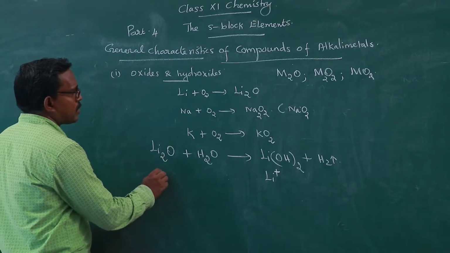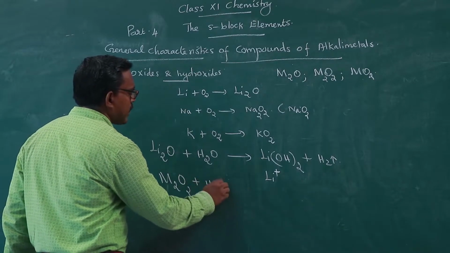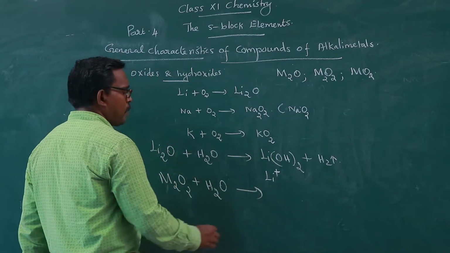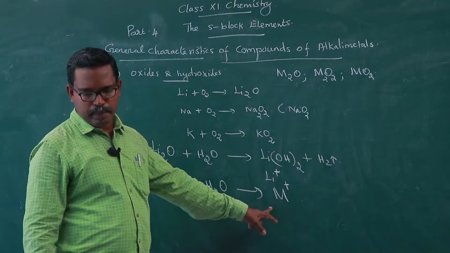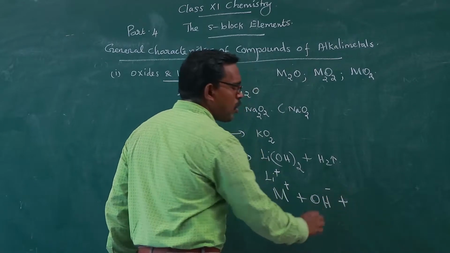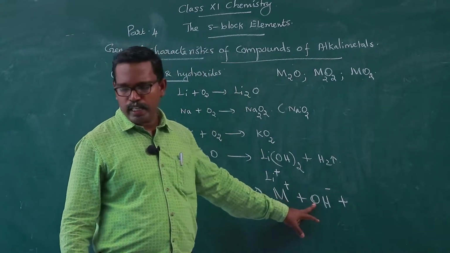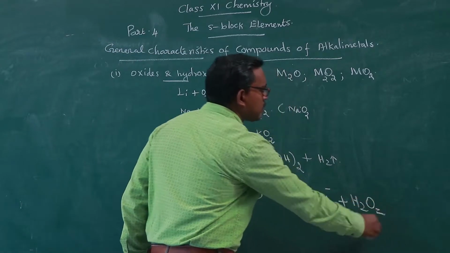Suppose the peroxide, M2O2, reacts with water. It gives M plus, where M plus is the metal ion, and OH minus, the hydroxide ion, and hydrogen peroxide as the product.